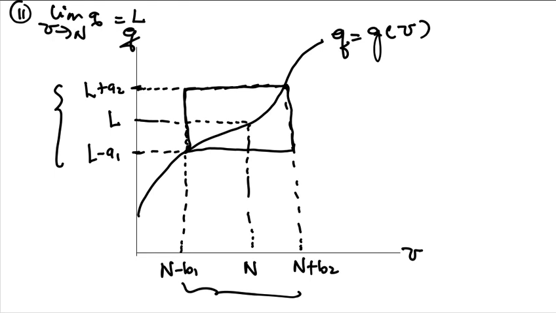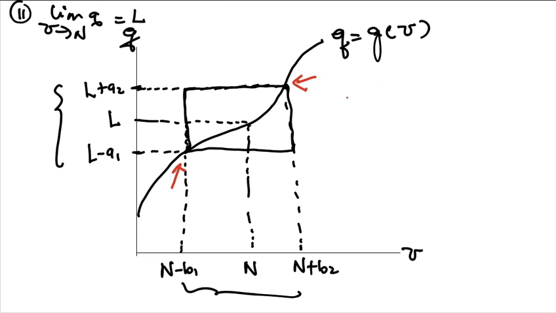Let me use a different color. You can realize this point and this point are two of the corners of this rectangle, and these two points are lying on the given curve, the curve of Q equals a function of V. Q as a function of V, yeah? Alright.